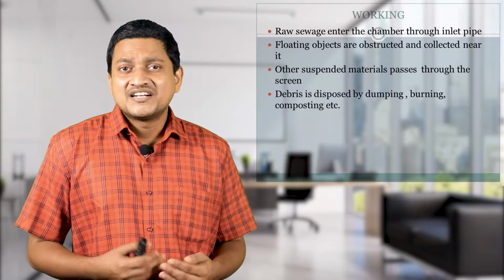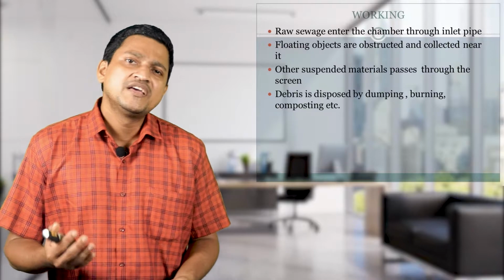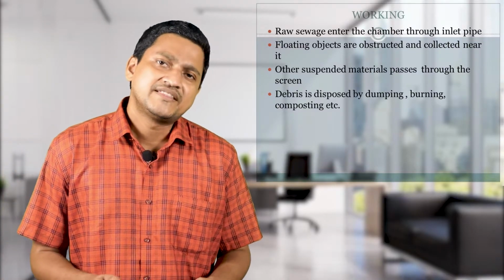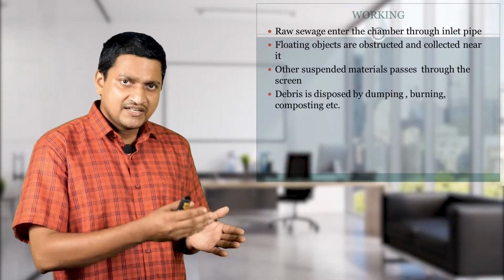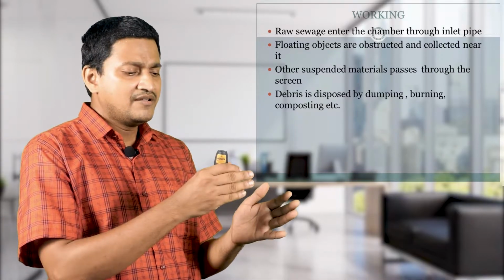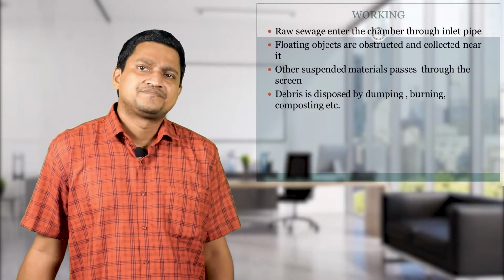Debris is disposed of by dumping or burning, or, if it is biological material, it is used for composting. First the wastewater comes through the inlet pipe, then the screen, and the debris collected here is transferred to dumping, burning or composting.